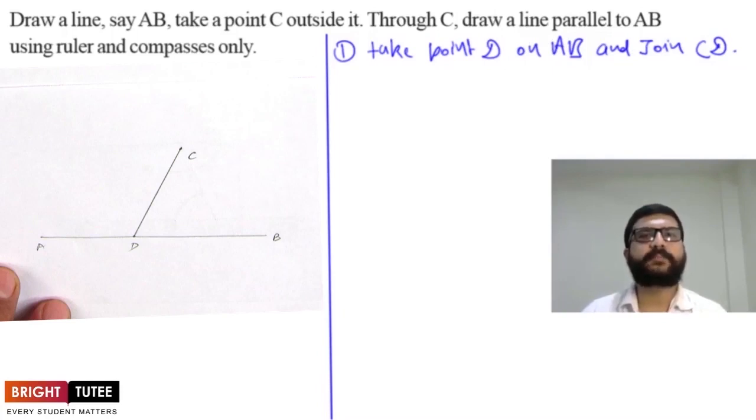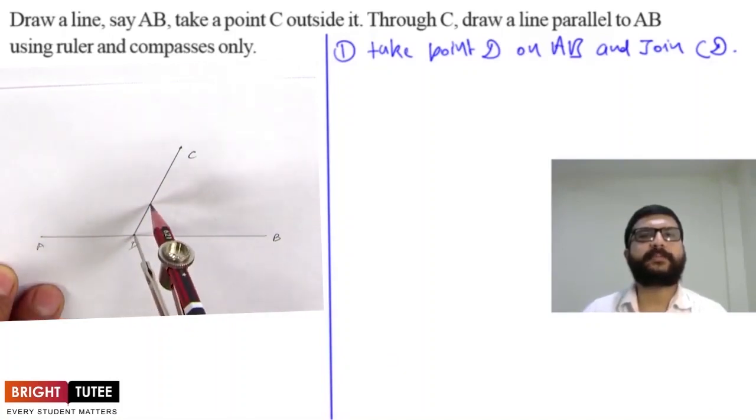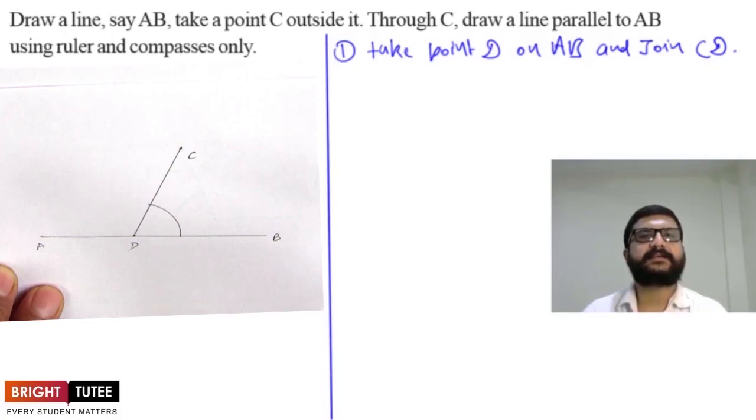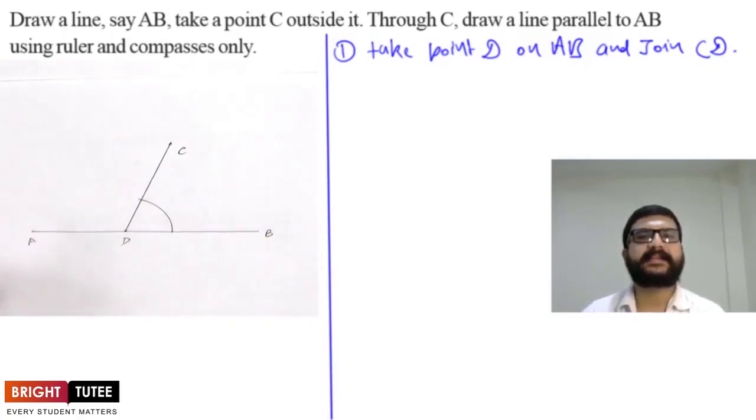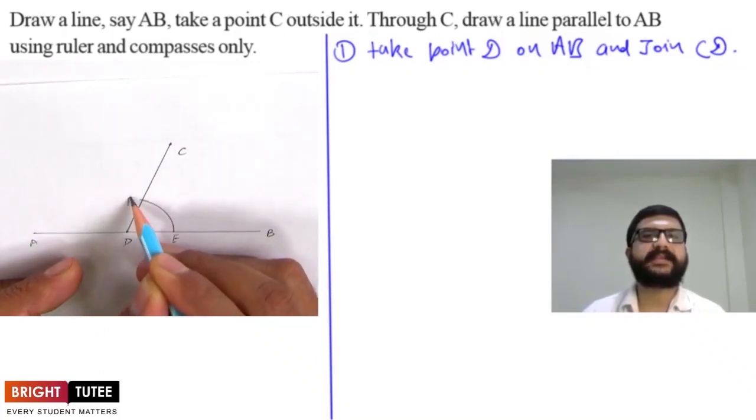Now we have to keep the pointed end of the compass here on D, and make an appropriate arc like this. We have made an arc with D as a center and with any appropriate radius. Let's say this is intersecting AB at E and CD at F.